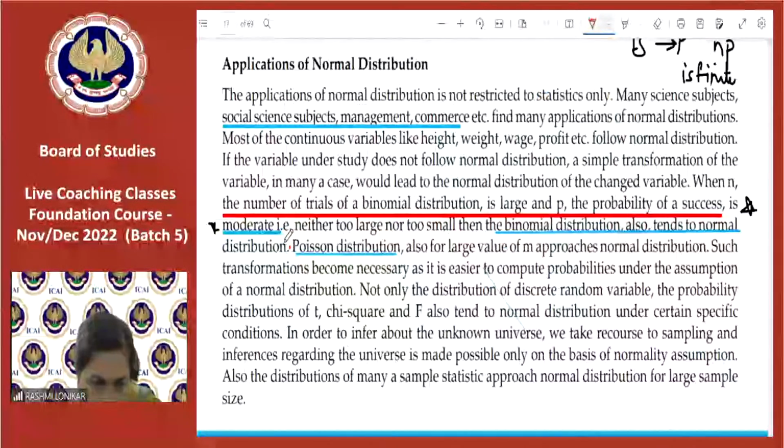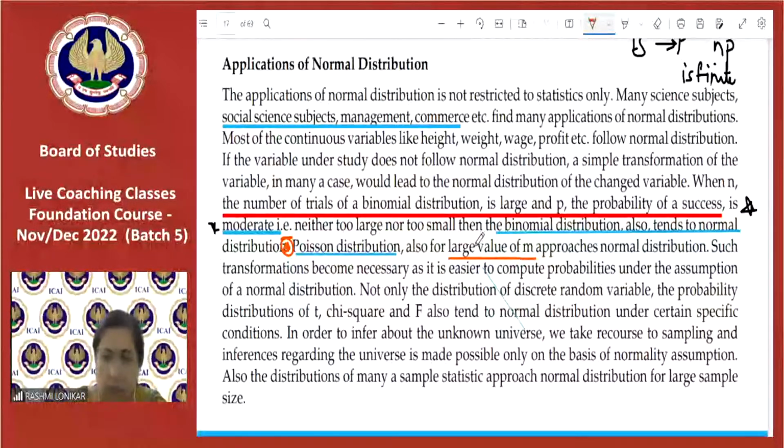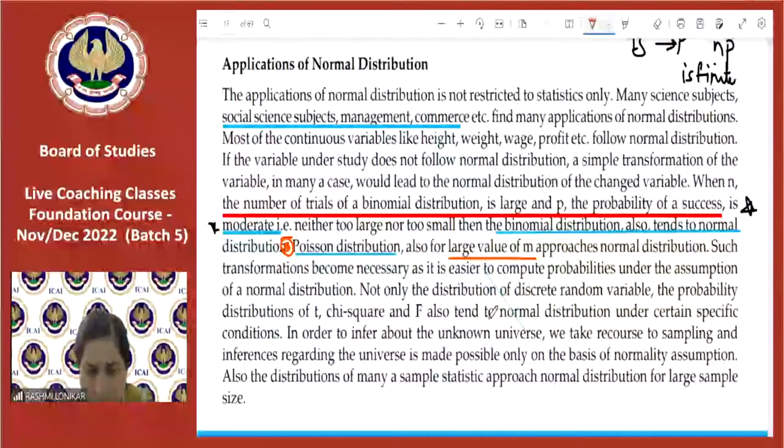Poisson also does it for large values of m. It is possible. Okay, such transformation becomes necessary as it is easier to compute probabilities under the assumption of a normal distribution. Not only that, the probability distributions of t, chi square and F also tend to normal distribution.